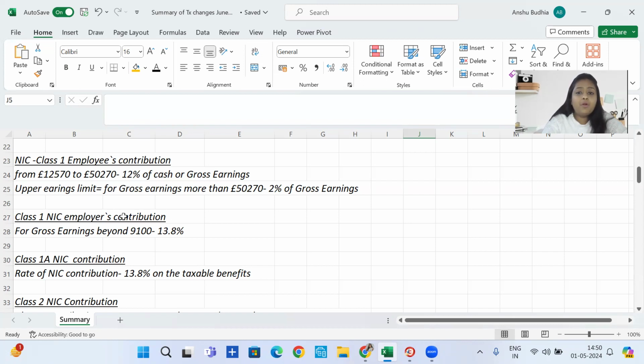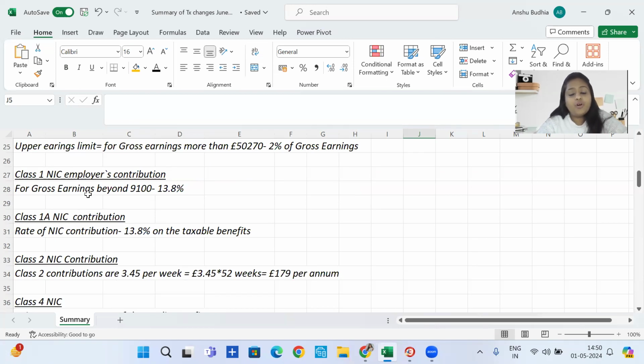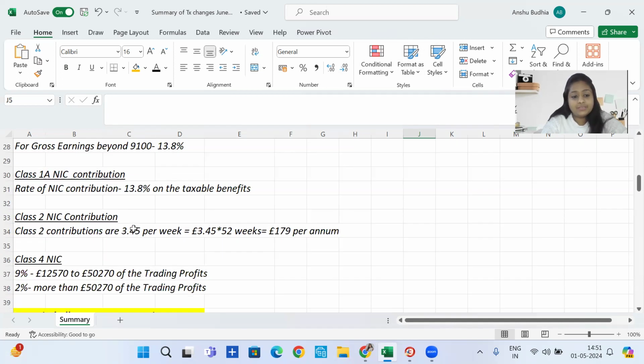NIC Class 1 employer's contribution for gross earnings beyond 9,100 pounds is 13.8%. NIC Class 1A on the taxable benefits, that is your non-cash benefits, is 13.8% of the taxable benefits.